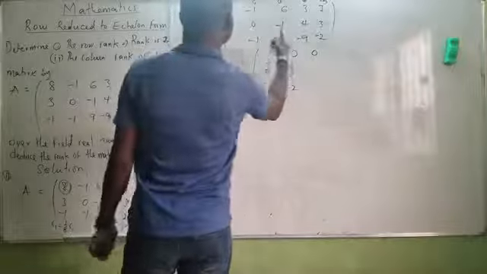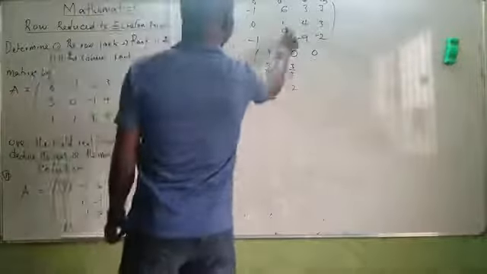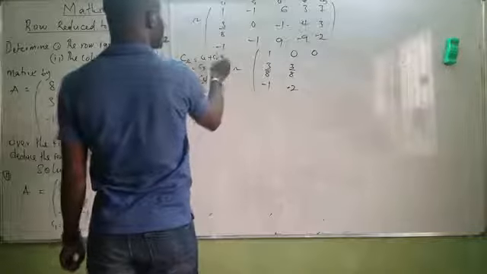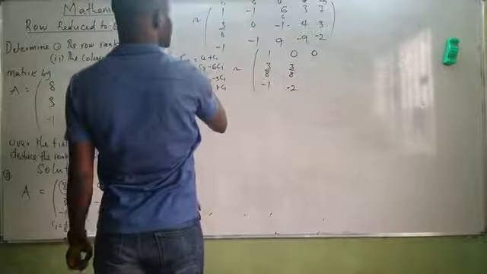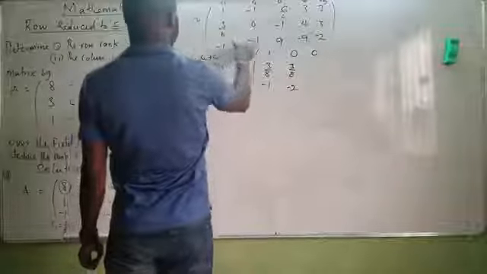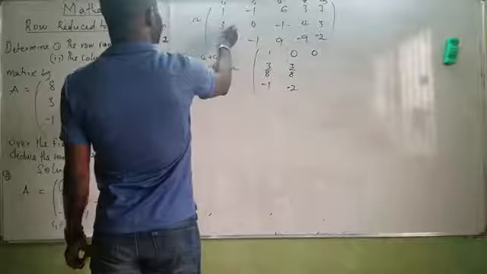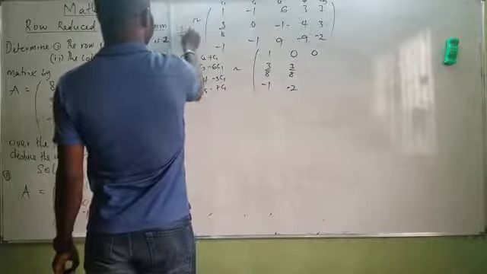Okay, column 3 rather. Column 3 will now be 6, sorry, this will be 6. It means 3 all over 8 multiplied by 6.